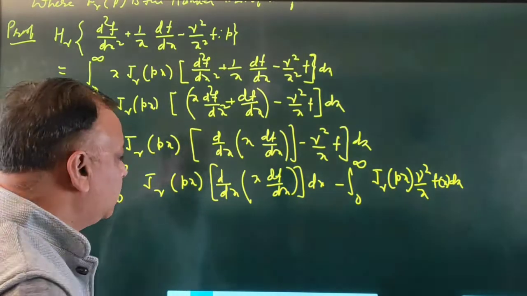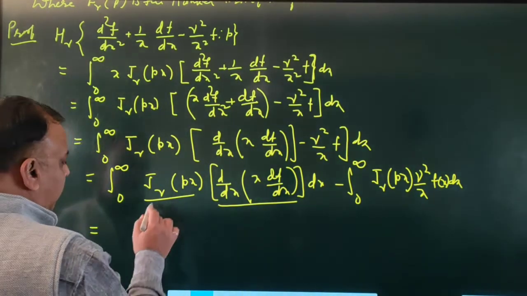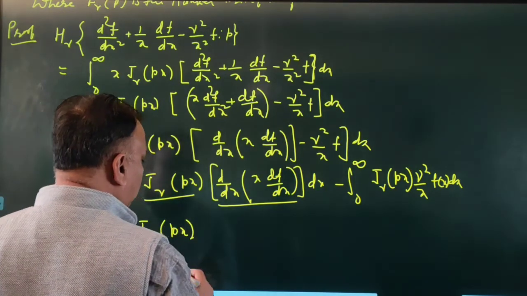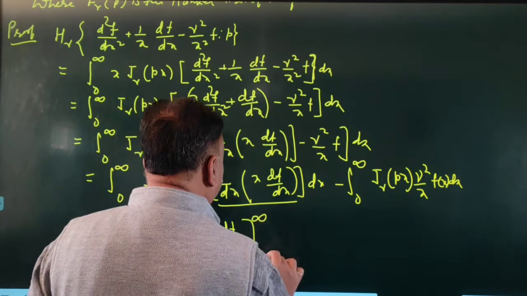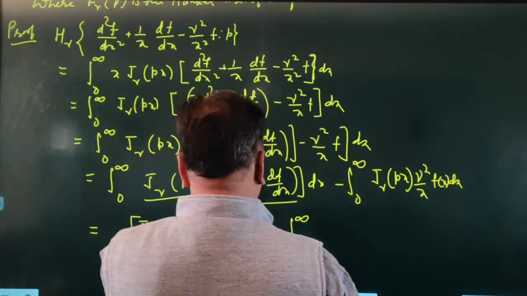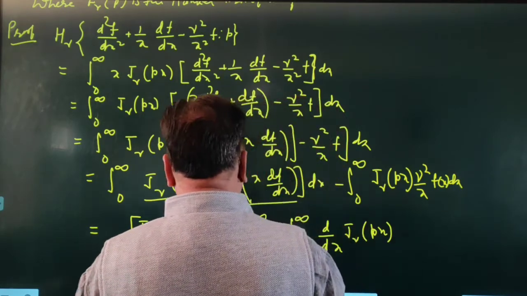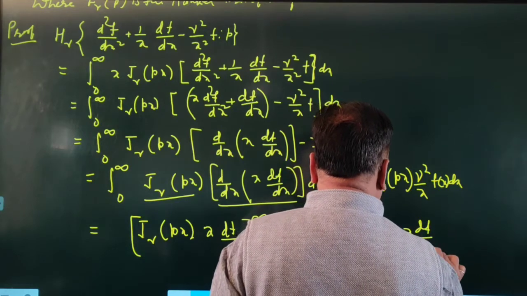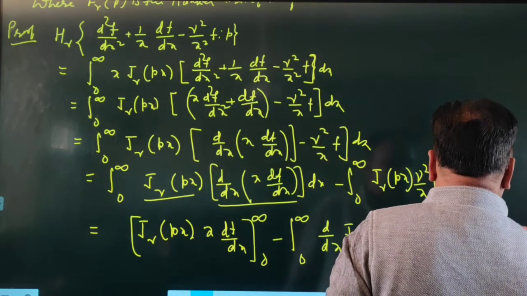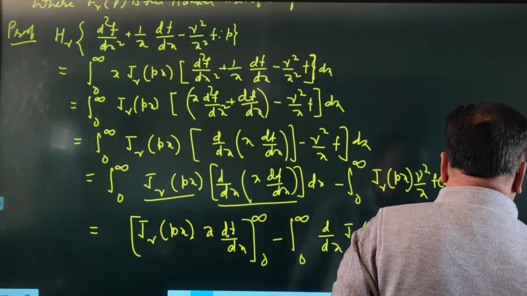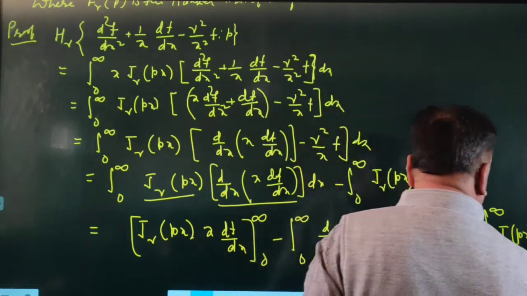Integrating this by parts, taking J_nu(px) as the first function and d/dx of (x df/dx) as the second function, we get J_nu(px) times x df/dx with limits from 0 to infinity, minus the integral from 0 to infinity of d/dx of J_nu(px) times x df/dx dx, minus the integral from 0 to infinity of J_nu(px) times (nu²/x) f(x) dx.